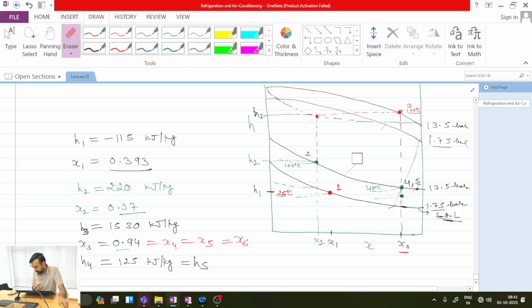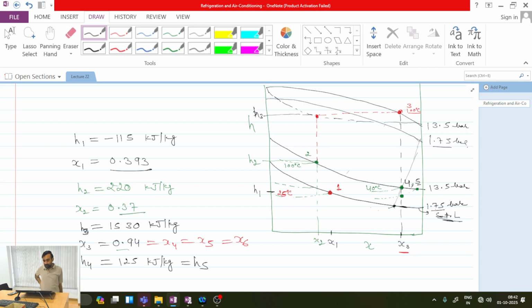The inclined line represents the isotherm. So from different points on 1.75 bar I can draw multiple isotherms. There will be one isotherm which will be coincident with point number 5, and whatever temperature I have at the starting point of that isotherm will be the temperature of state point 5. Anyone is having any doubt about this?